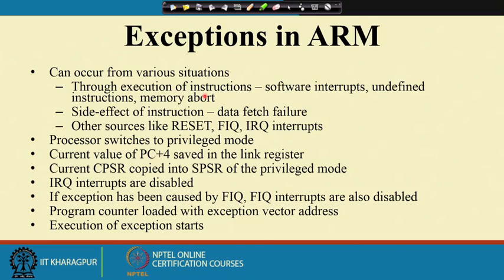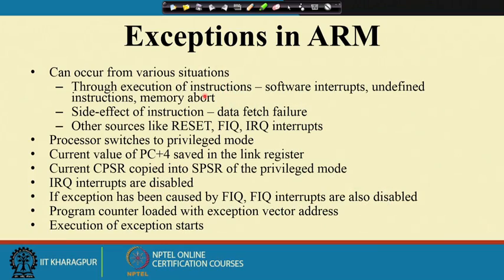Another source is undefined instructions, like when the processor is fetching instructions and executing them. If it happens that the opcode part of the instruction that the processor has got does not match any of the known opcodes of the processor or the coprocessor. Okay. Coprocessor means that many a time we have some additional processor that helps in executing programs, like an additional processor which will be doing the floating point operation.